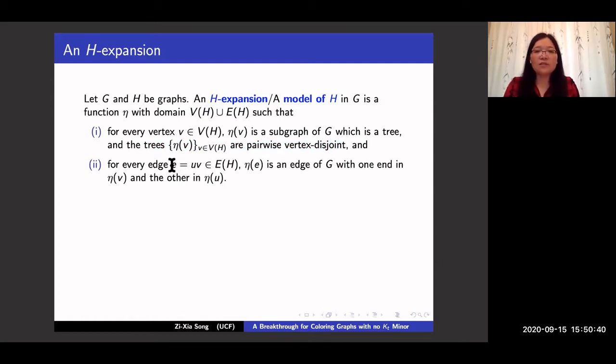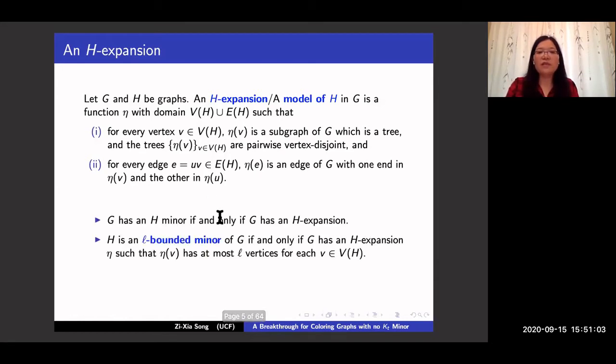Now for edges, for every edge uv in H, eta(e) is going to be an edge in G with one end in the tree corresponding to v and another end in the tree corresponding to u. So this definition is easier to follow. It's easy to see that G has an H minor if and only if G has an H expansion.